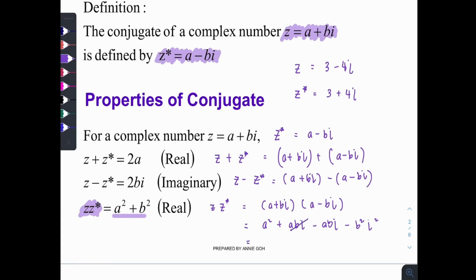So these two terms can be cancelled off. You'll be left with a squared, and the i squared here is actually equal to negative 1. So eventually we'll get a positive b squared, which gives you this.